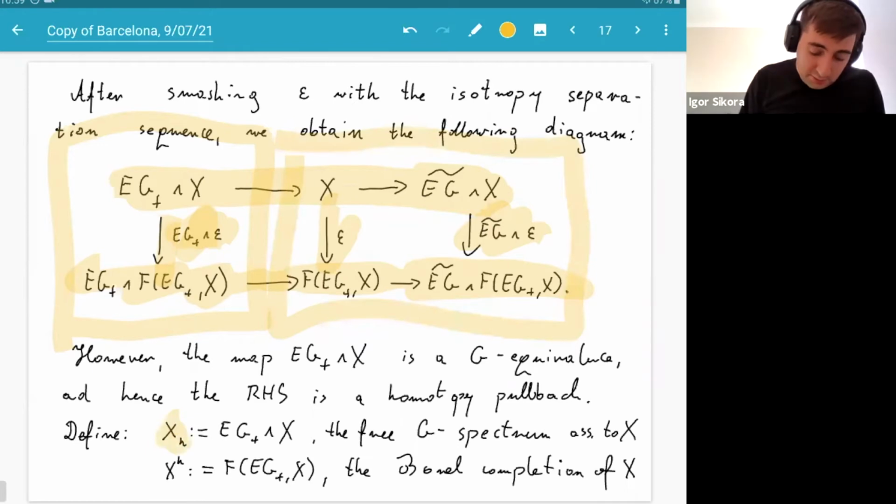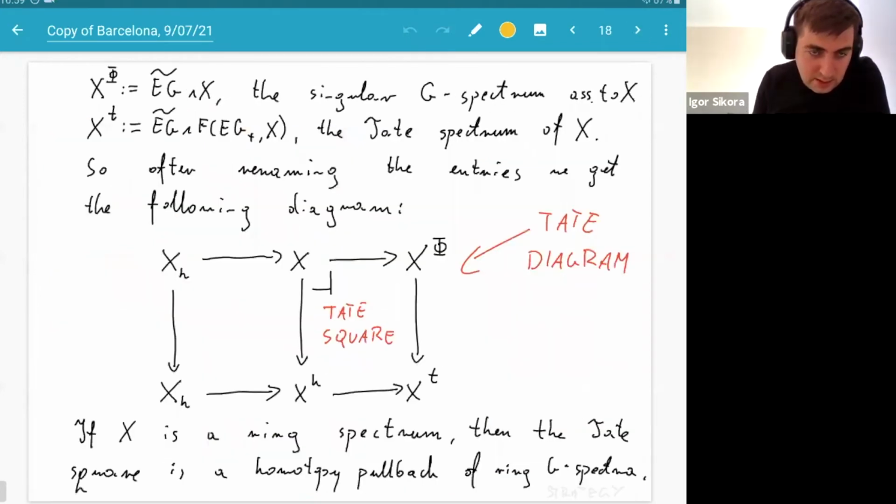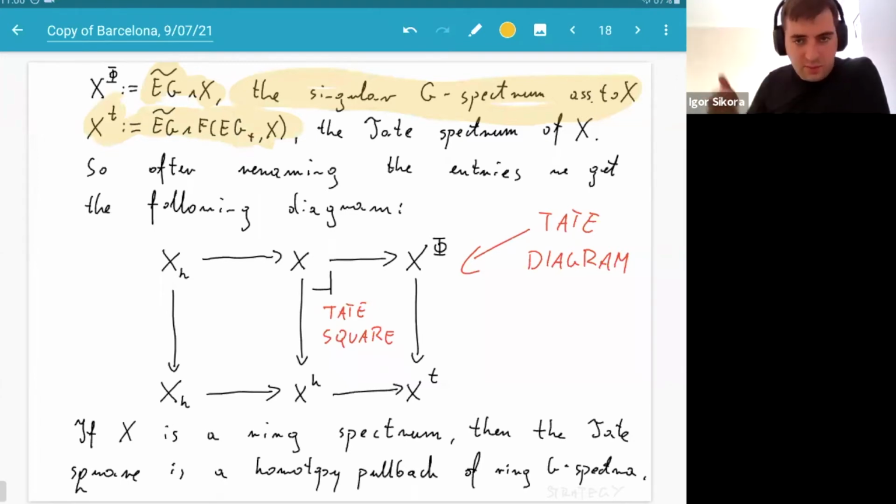Let X subscript h be EG plus smashed with X. This is known as the free G spectrum associated to X. X superscript h will be the function spectrum from EG plus to X, and this is known as the Borel completion of X. X superscript phi will denote EG twiddle smashed with X, and this is known as the singular G spectrum associated to X. And finally, X superscript t will denote EG twiddle smashed with F(EG plus, X), or EG twiddle smashed with the Borel completion, and this is known as the Tate spectrum of X.